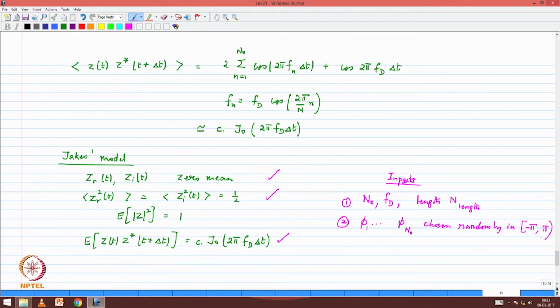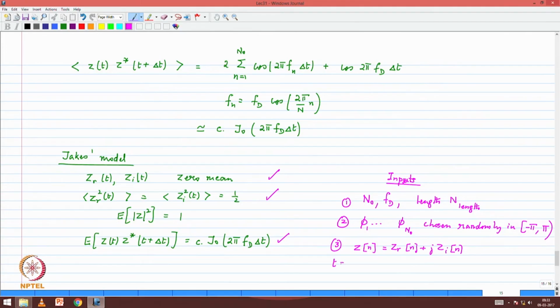So some random phases are sufficient. Then we start running the Jakes model and generating the samples. The samples are taken as Z of n equal to ZR of n plus j times Zi of n. These are the samples at the specific values.